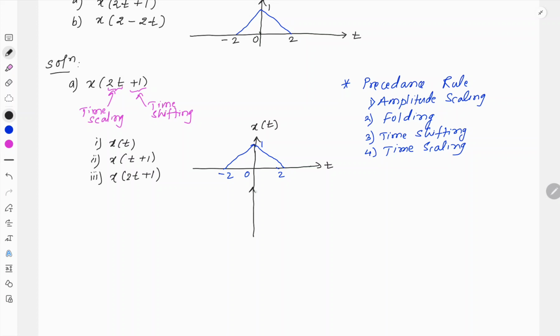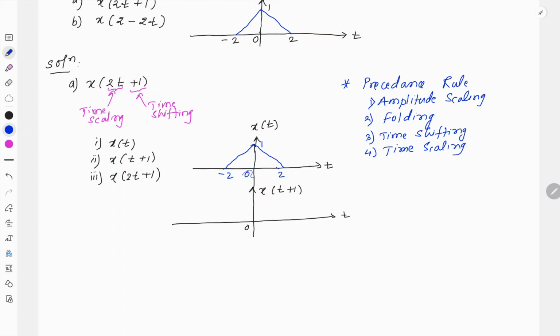Second, we are going to draw the x of t plus 1 signal. Whenever it is x of t plus 1, we know that whenever the shift is positive, the signal is shifted towards the left, that is the negative axis, by this amount, which is 1. The given signal starts at -2 and ends at +2, so this entire signal will be shifted towards the left by 1 unit.